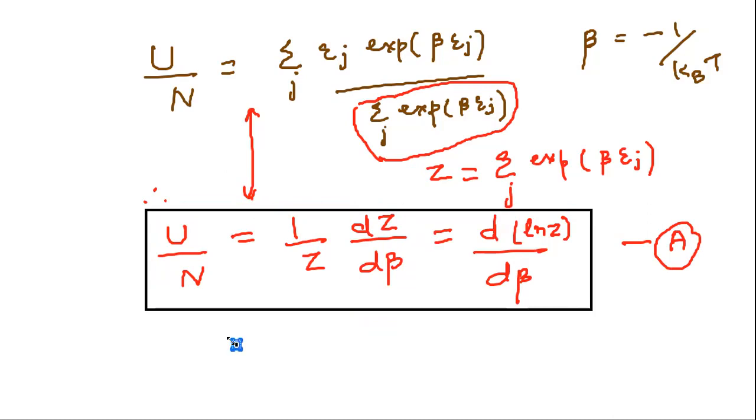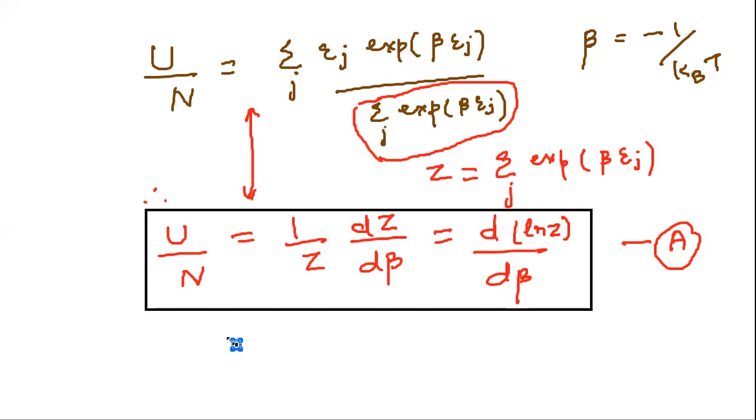U by N is 1 over Z dZ by d beta. This 1 by Z can be absorbed inside the derivative by writing this expression as equal to d ln Z by d beta, right?